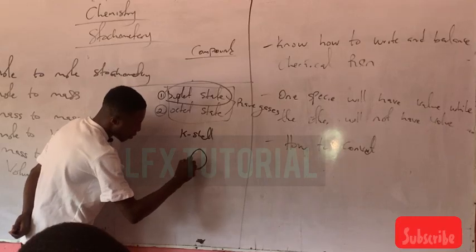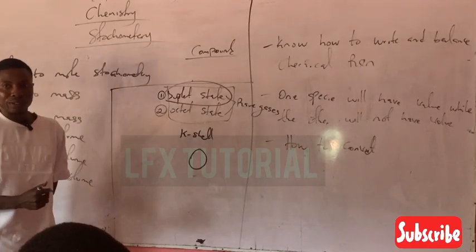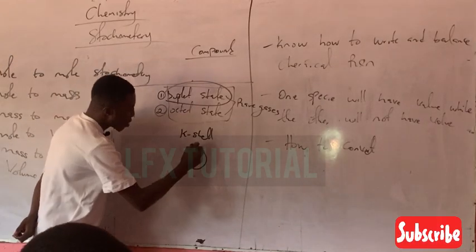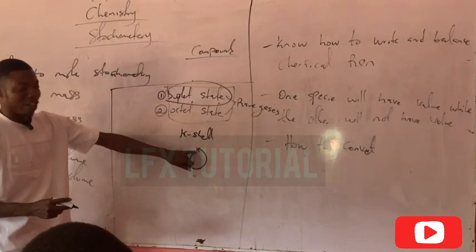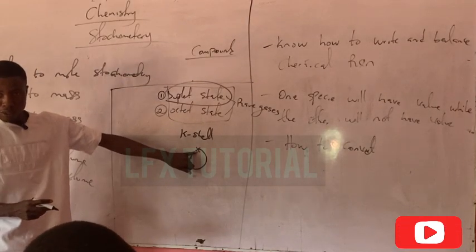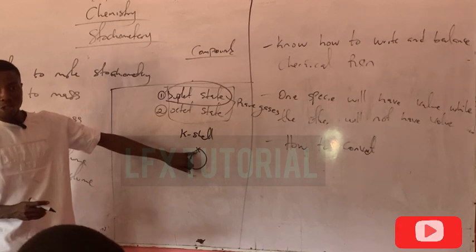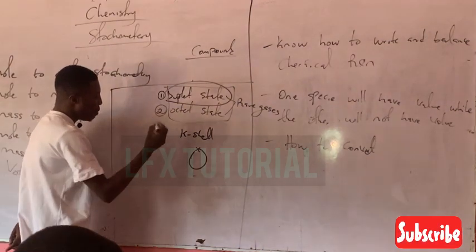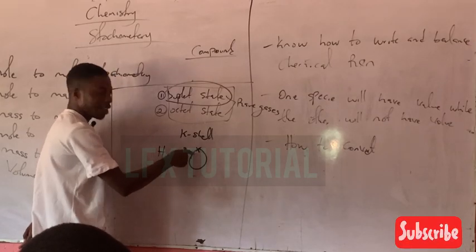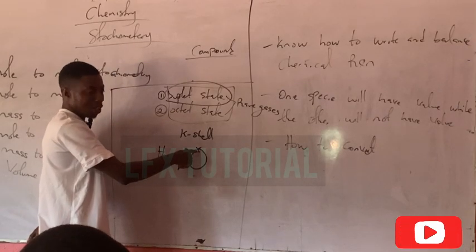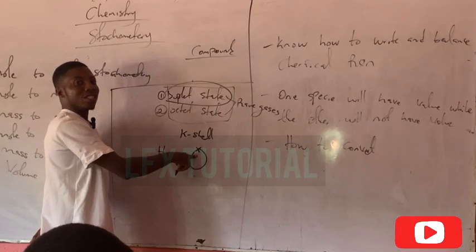Look at it here. It's the first shell. So this particular one has an electron at the outermost shell. Now, for the first element, which first element do we have? Hydrogen. So it has only one electron, and it's found in the first shell.